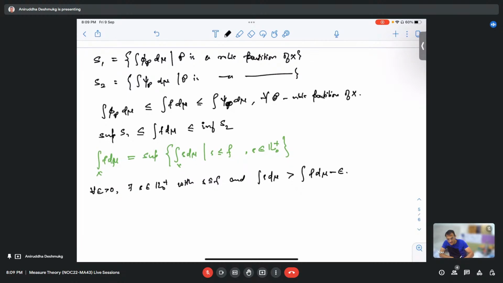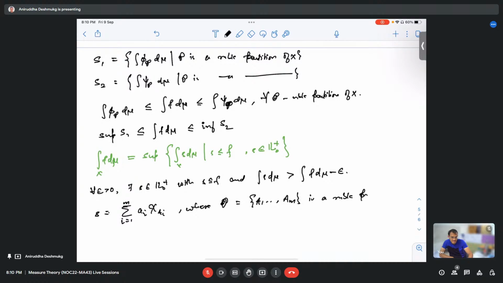So we have this. Now I can write s as the summation of a_i chi A_i, i running from 1 to n, where if I write this P as A1 to Am, this is a measurable partition.